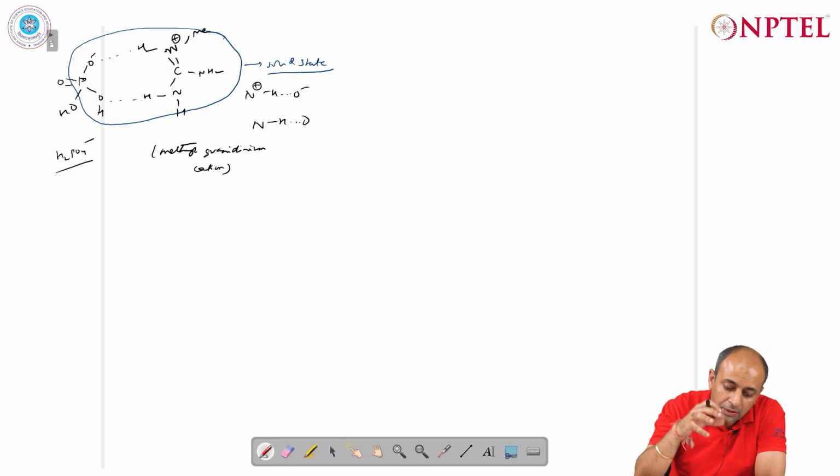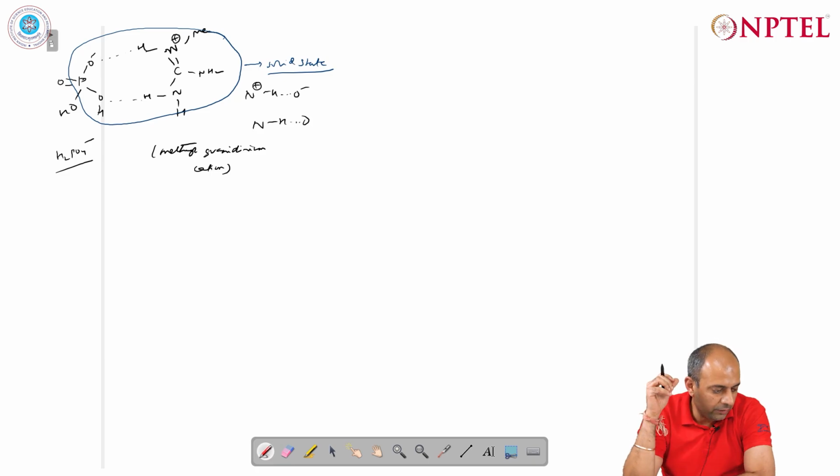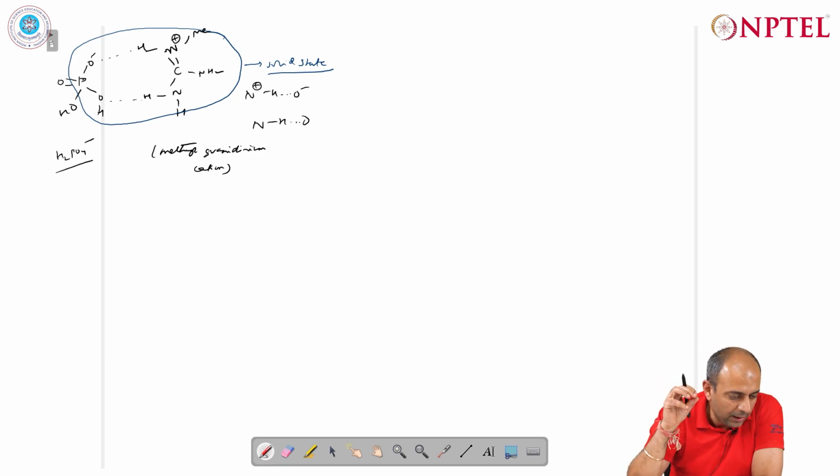But what is observed is that when this strong affinity and energetic stabilization was observed, people started designing different kinds of receptors or hosts to sense the phosphate anion. And in this regard, the first two important hosts were designed.